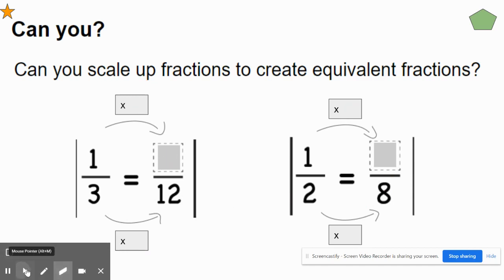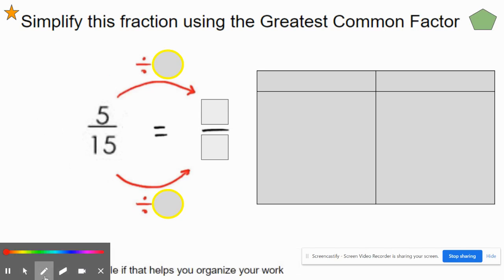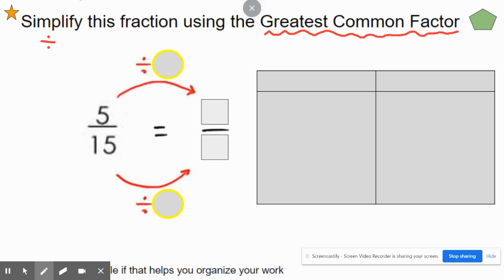Now, what if we needed to simplify instead of scale up? So when we scaled up, we multiplied. When we simplify, we're going to be dividing, okay? So these are a couple extra steps. Remember, we have to find our greatest common factor. And to do that, I suggest just writing down a little chart in your notebook.